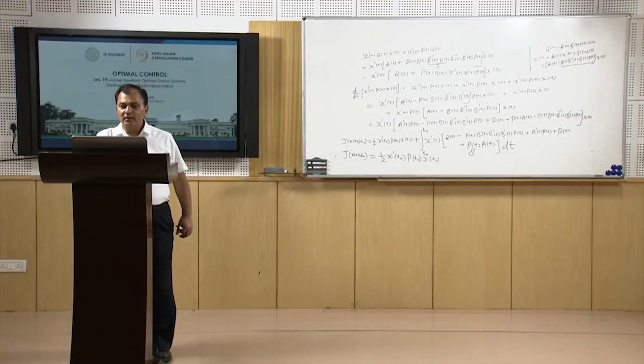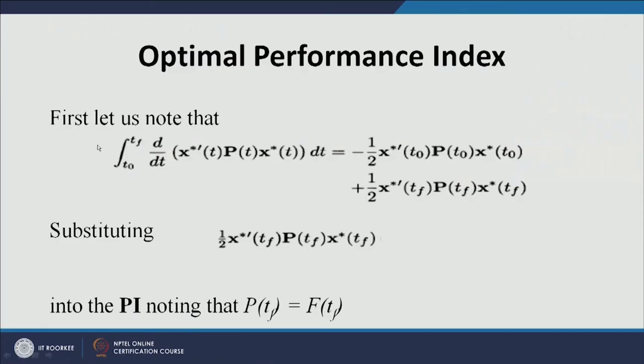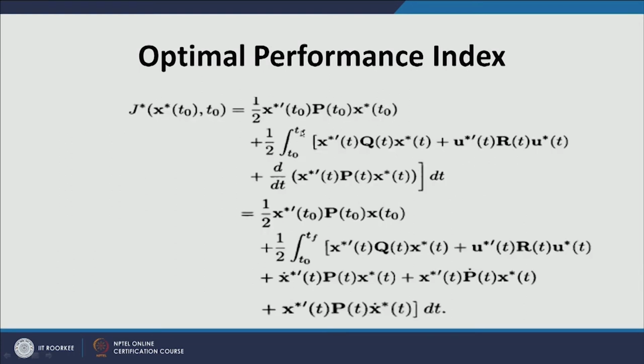So what we have done, we have taken the d by dt of this, expanding as x transpose t0, P t0, x t0 with the condition that P of tf equals F of tf. So this means if I replace this, this is showing me nothing but my terminal cost. In my performance index, I am adding this half of x transpose t0, P t0, x t0 and including d by dt of x transpose P x into the integral part.